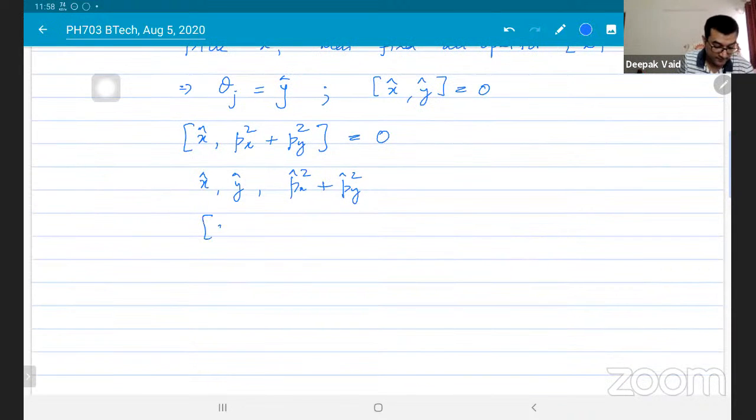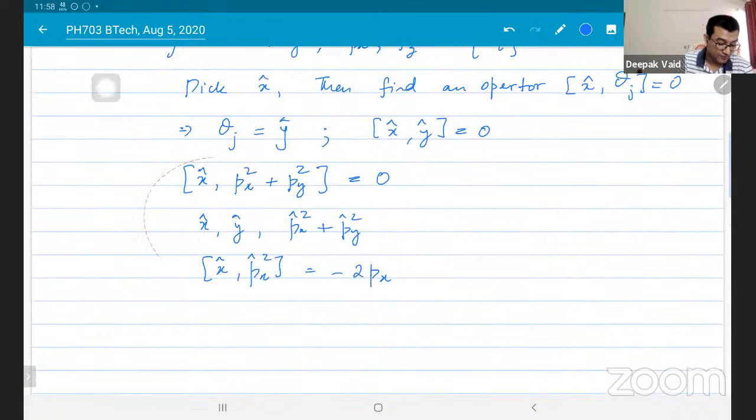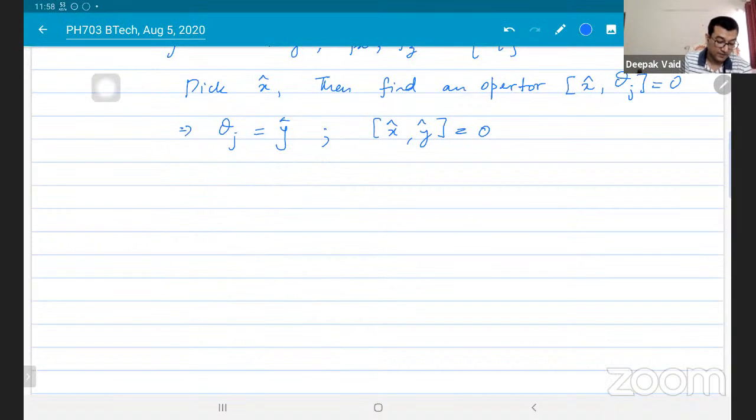You can prove this. What is x comma px squared? Using the same formula, it's 2iħ px. So no, it doesn't commute. My mistake. So the only two operators we are left with which commute.